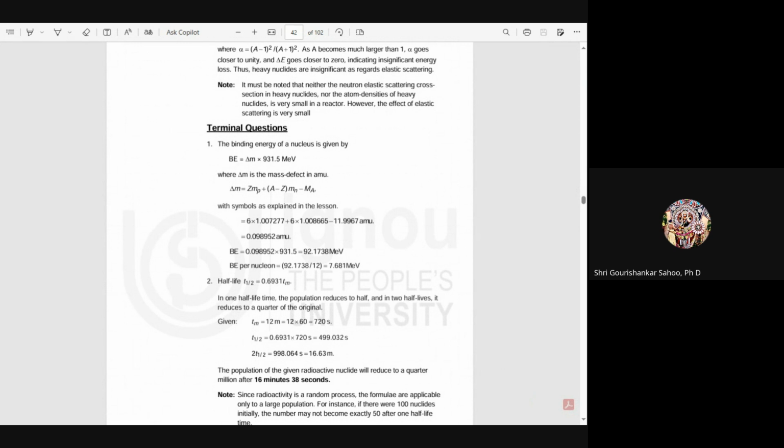The binding energy of nucleus is given by delta M times 931.5 mega electron volt, and your mass defect will be Z Mp plus (A minus Z) Mn minus MA, and your binding energy per nucleon will be 7.681 mega electron volt in this case.